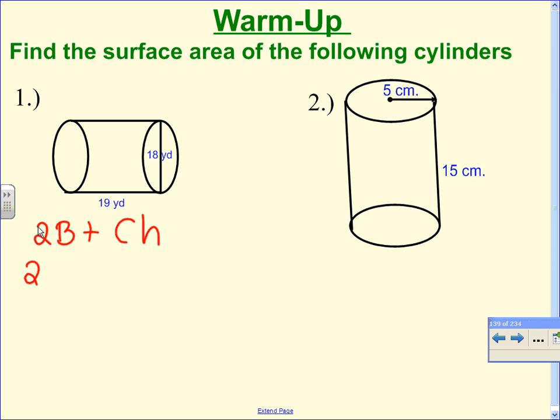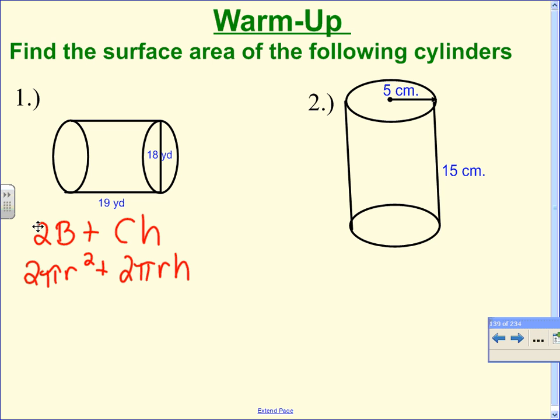Which is what? Good. Good. So either 2 pi r or pi times diameter. Perfect. Good job. Okay. So good. That was the formula from the cylinders from yesterday.